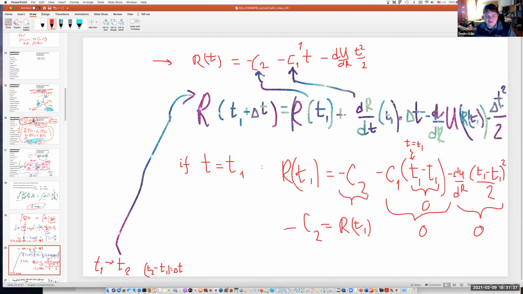Minus T2 equals R of T1. Okay. There is the same trick if we take the derivative of this star equation, and if you take the derivative over time and then once again plug in t equals t1, then we will solve for minus c1 equals the time derivative taken at time 1.